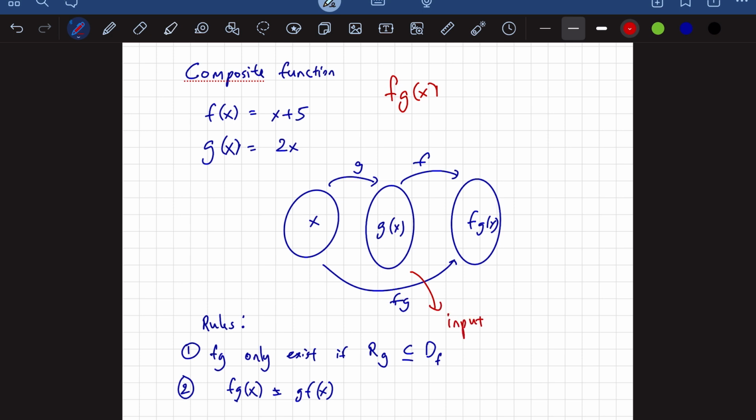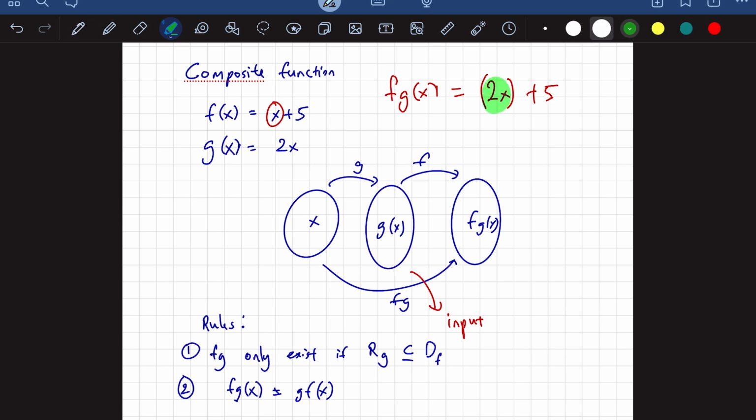The whole g function will replace the x value or the input placeholder. For f(x), your placeholder is actually x. So we're going to replace that x placeholder with the entire g(x) function.